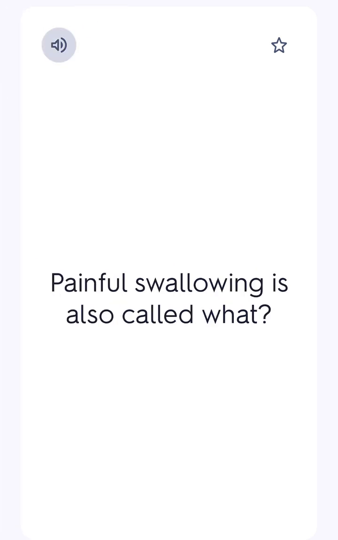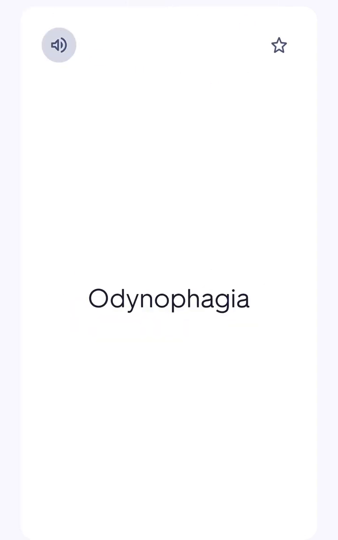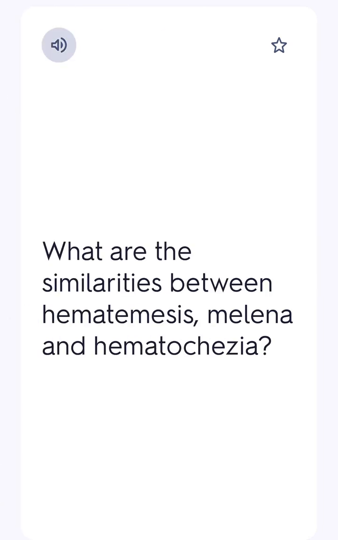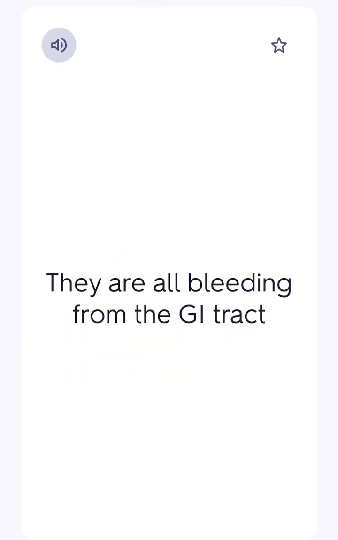Painful swallowing is also called what? Odynophagia. What are the similarities between hematemesis, melena, and hematochezia? They are all bleeding from the GI tract.